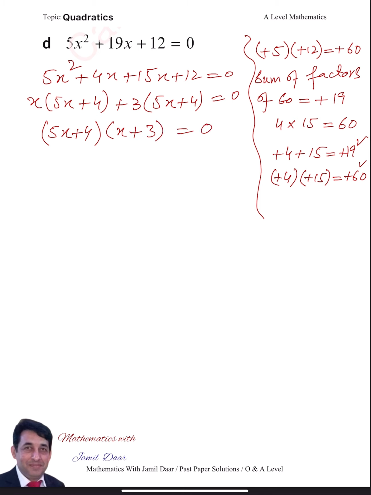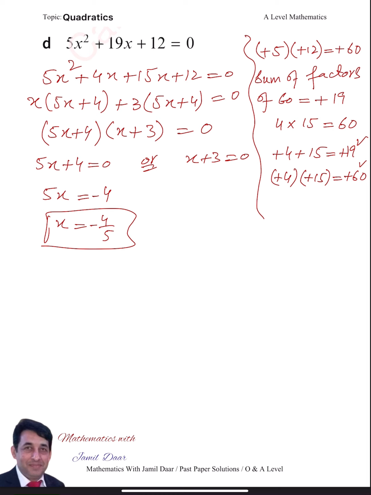This becomes x plus 3. So 5x plus 4 is equal to 0, or x plus 3 is equal to 0. 5x is equal to minus 4, x is equal to minus 4 over 5, and this is your answer. x is equal to minus 3, this is your answer. Okay, let me select another question now.